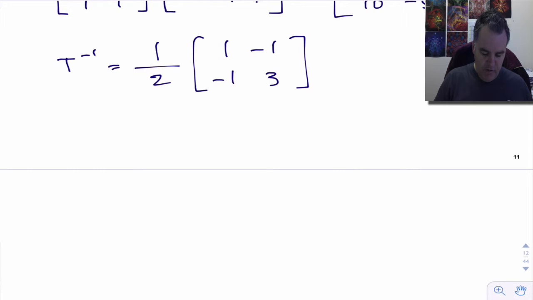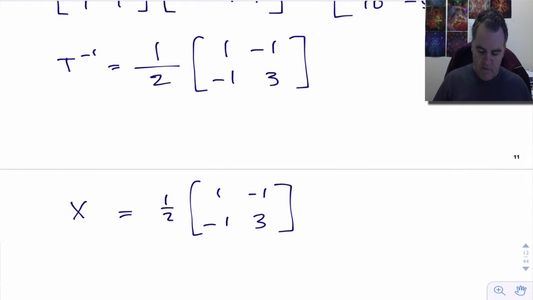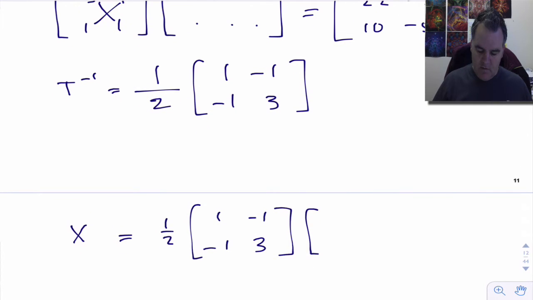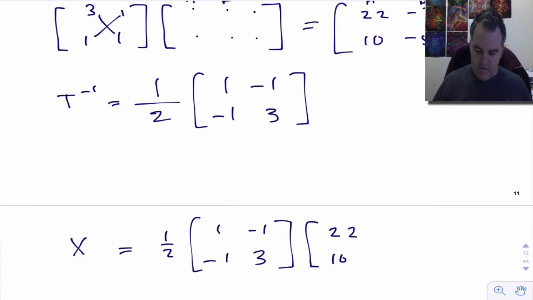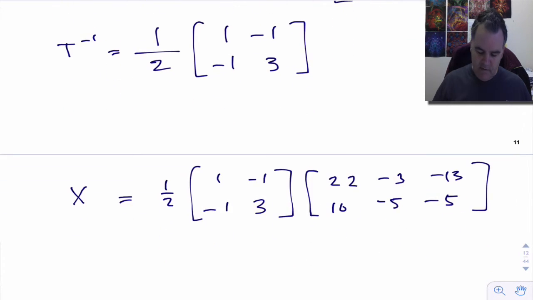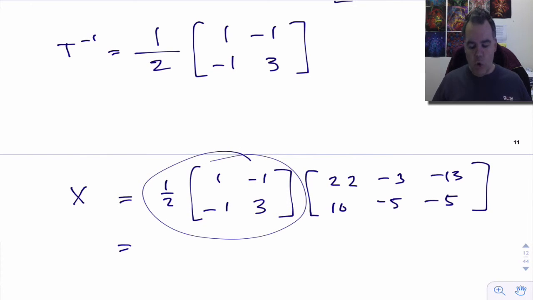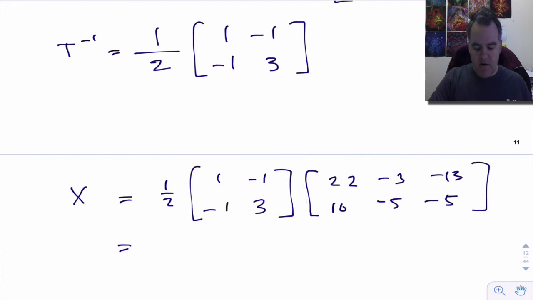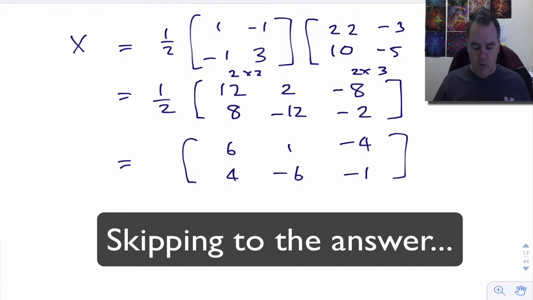Our original matrix, which I'll just call X as in the previous one, is going to be a half of (1, negative 1; negative 1, 3) times (22, 10, negative 3; negative 5, negative 13, negative 5). Again, you could multiply the half by this matrix first, but probably easier is to multiply these two matrices together and then multiply the whole thing by half. That represents the original points.